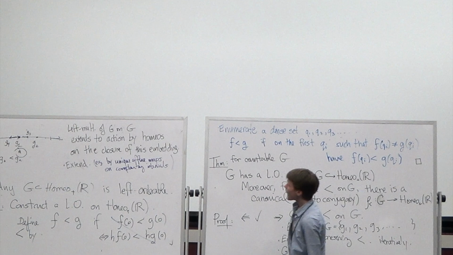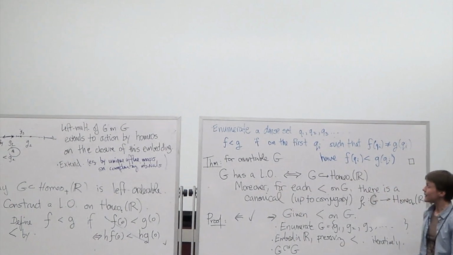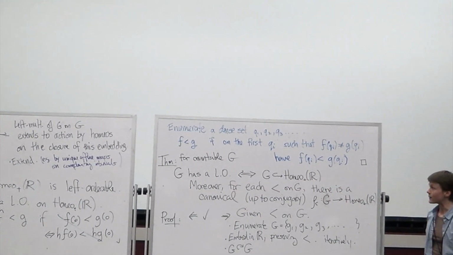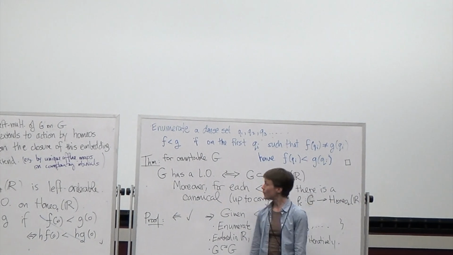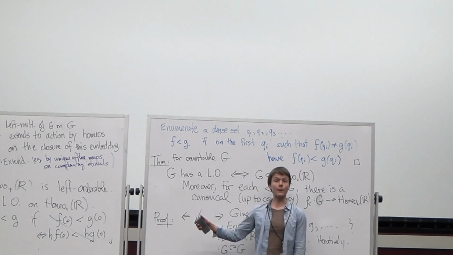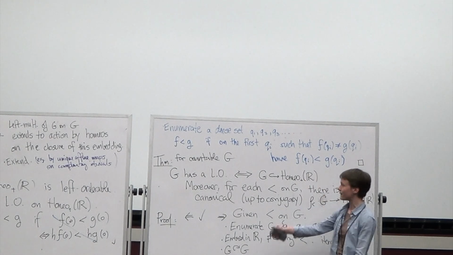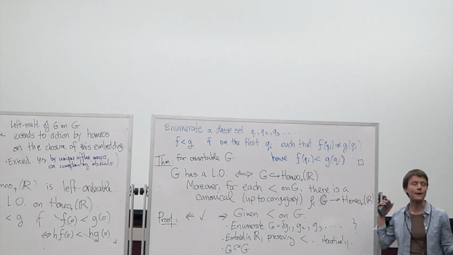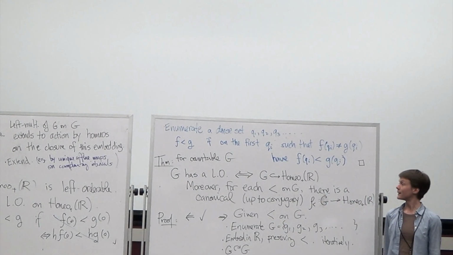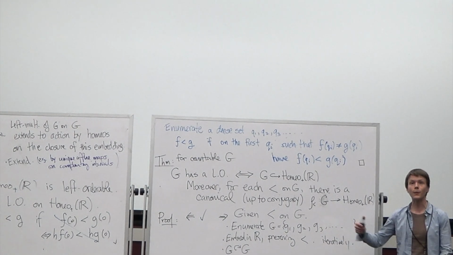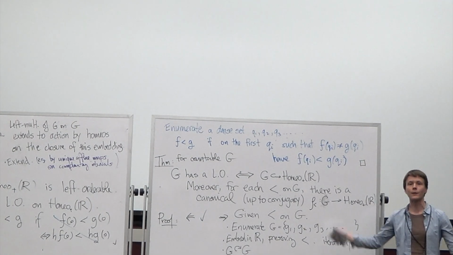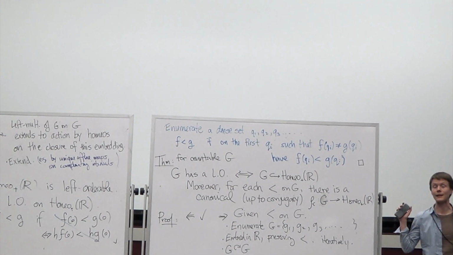Okay, so why I wanted to show this is that it's an interesting way to build left orders. It can help you solve some of my problems from before. I said there was a left invariant linear order on, let's say, a free group on 2 generators. Great, how do you build one? Just take 2 homeomorphisms of the line that are completely unrelated and don't satisfy any relations.